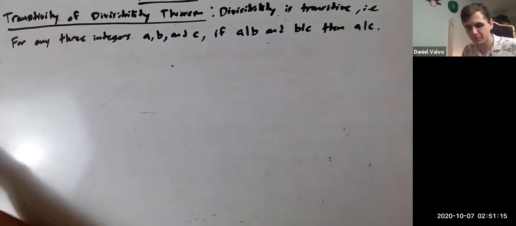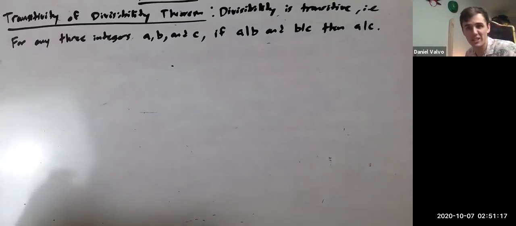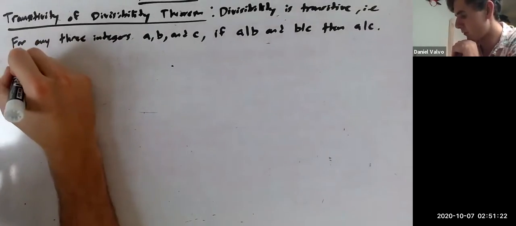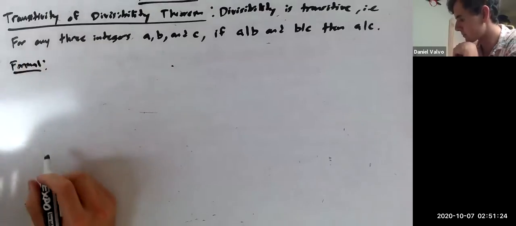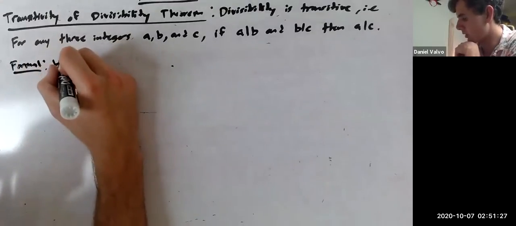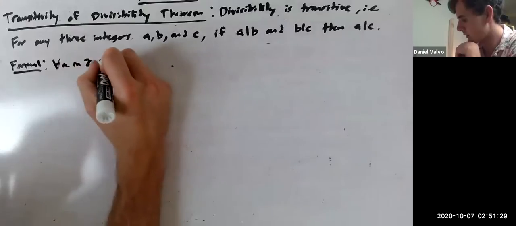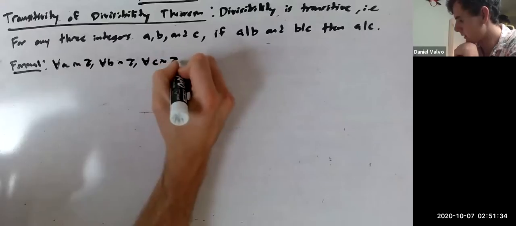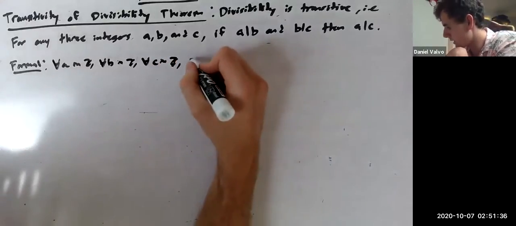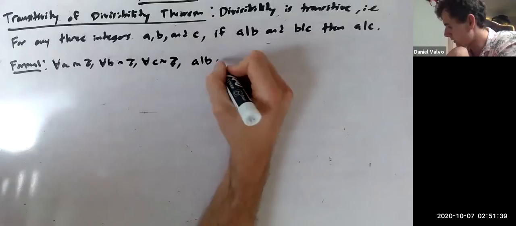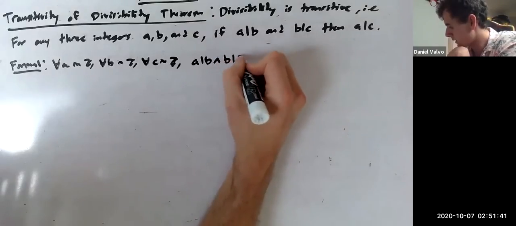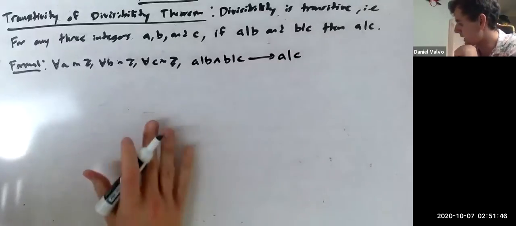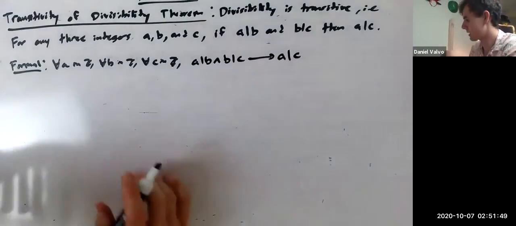So yeah, now I think we have enough information. Let's just write this formally and do a proof. So the formal way to say this is for all A in Z, and for all B in Z, and for all C in Z, A divides B and B divides C implies A divides C. Here's a question.